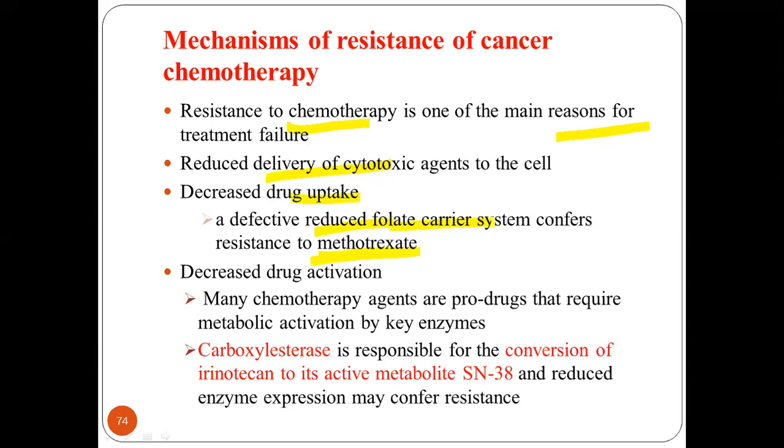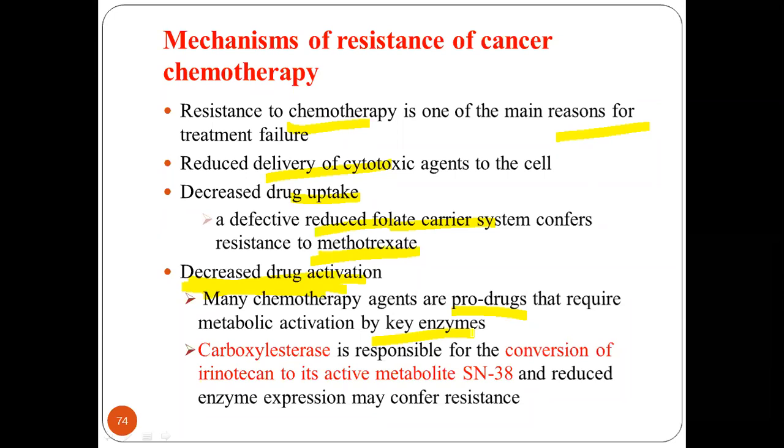Then sometimes some cancers decrease drug activation. Some drugs are pro-drugs, like cyclophosphamide and ifosfamide, and they require metabolic activation. By inhibiting the enzyme that is required for activation, they can cause resistance.